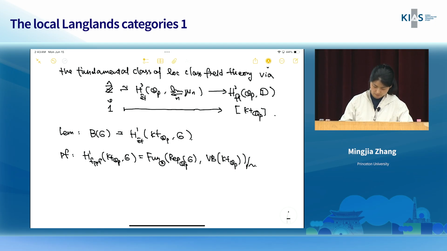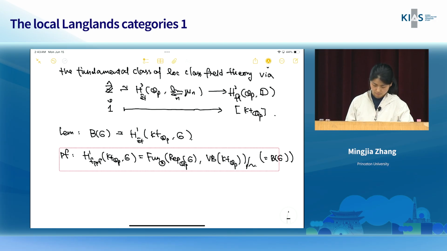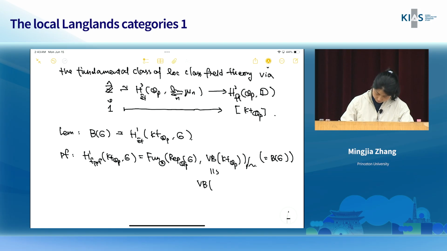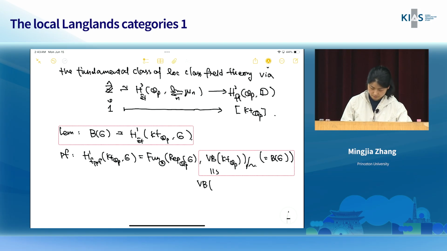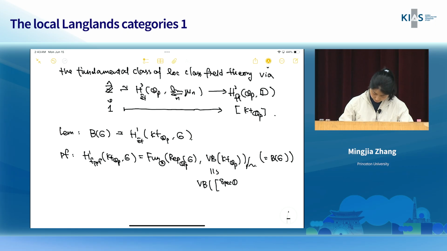So here, in fact, if you inspect what we said before about our definition of B(G) carefully, then you can already draw the conclusion. But another way to draw the conclusion is to say that the category of isocrystals or vector bundles on the Kottwitz gerbe is also visibly the same as vector bundles on the quotient stack Spec Q_p breve modulo Frobenius.